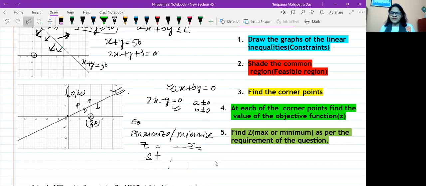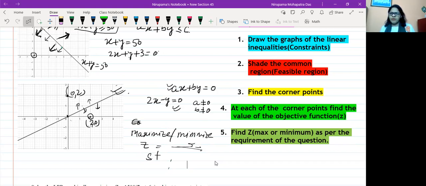Objective function is z here. Either we have to maximize z or minimize z. The question may be maximize and minimize, so maximum or minimum or both as per the question we have to find.